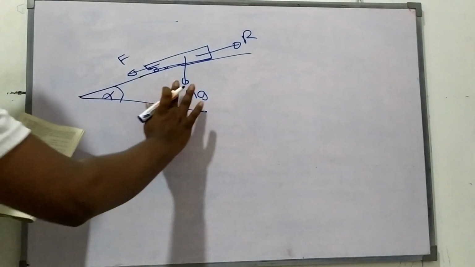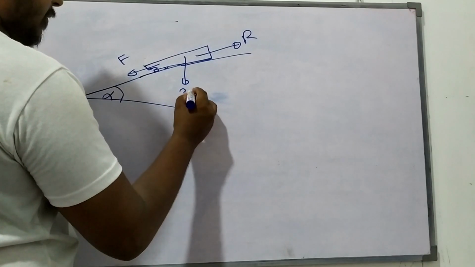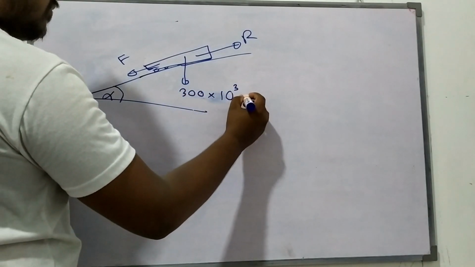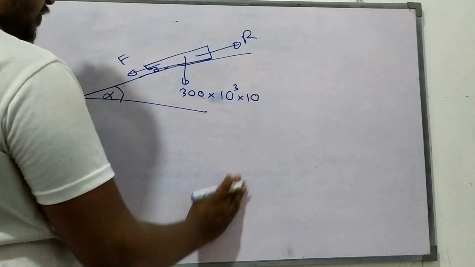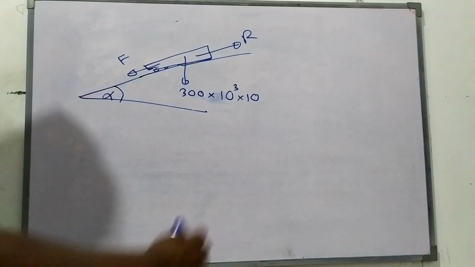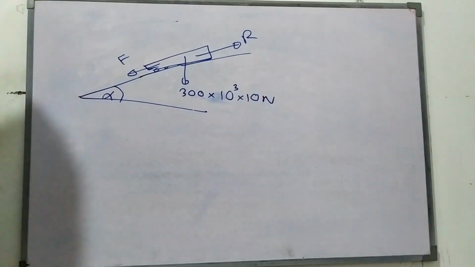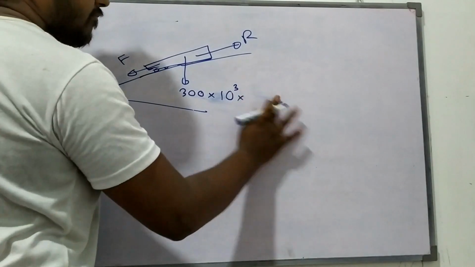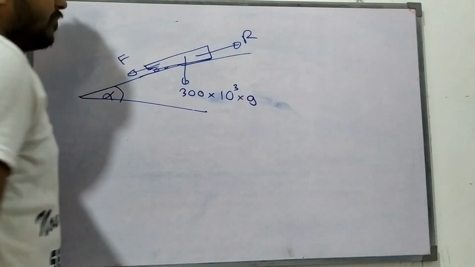Three hundred, 300,000 kg, times g Newton.